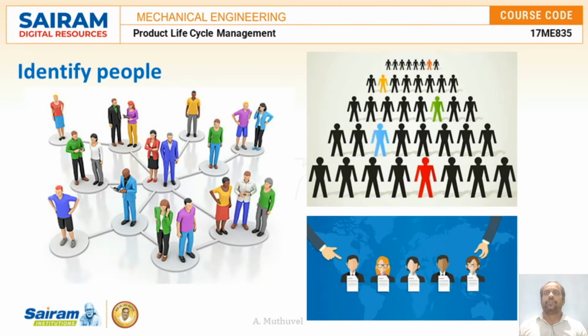Now we are going to discuss identifying the people, that is, the correct people at the correct place. The management should identify a project manager, and define and develop the team, having the right people with the required competencies and skills that are needed to support and execute the plan for product development.